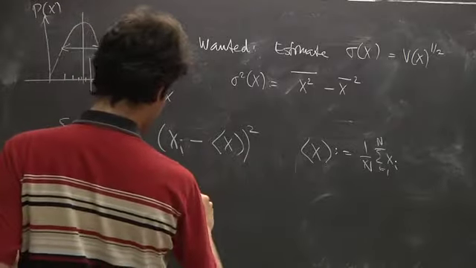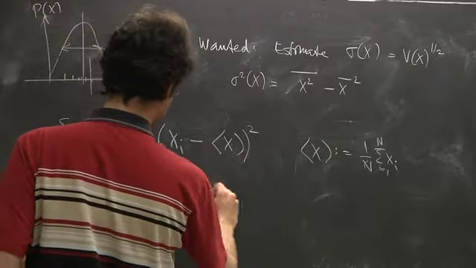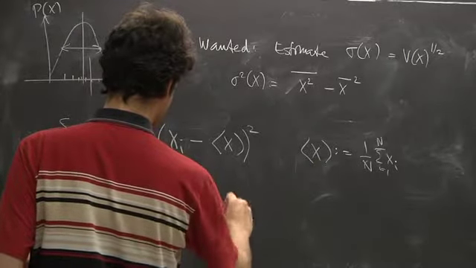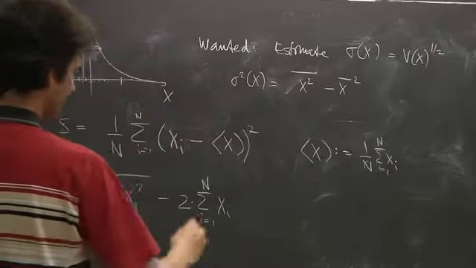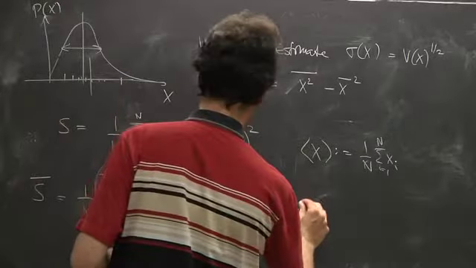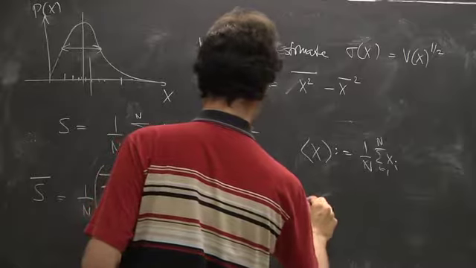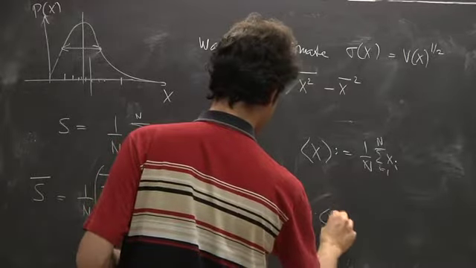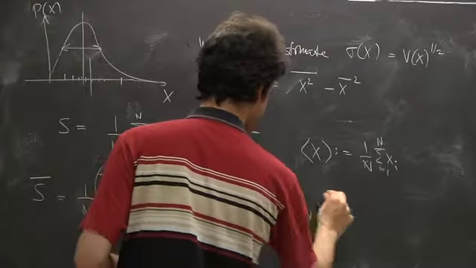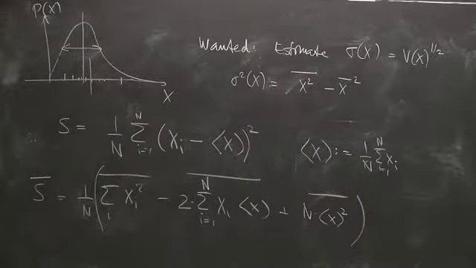Okay, so minus 2 times, then I have a sum over i to n xi times this thing here, right? And then plus I guess, n times just x squared, and here I have always to average, no? Okay, so I just multiply this out.